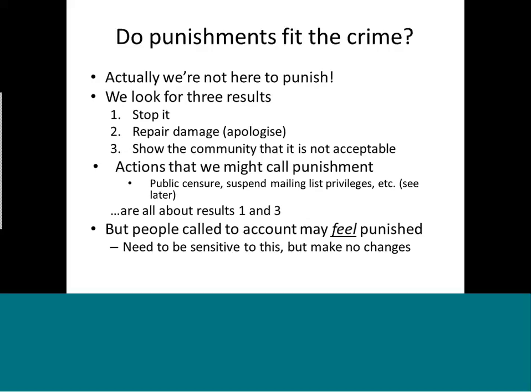So there are some things that you might need to do to achieve that some people would call punishment. Those are public censure or suspending mailing list privileges, which I'll talk about later. But these are really about results 1 and 3. So you don't suspend somebody's mailing list privileges as a punishment, but you may need to do it to stop it happening again. So understand as you do this that people may feel punished when you correct them.